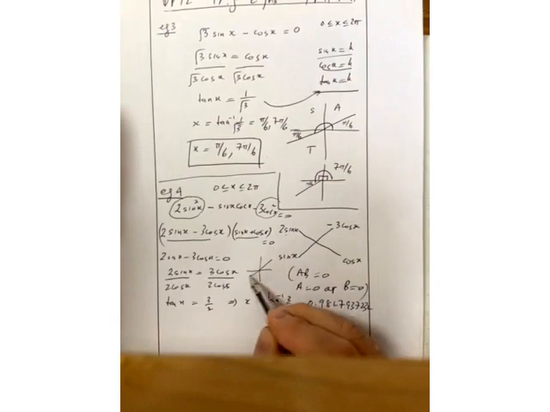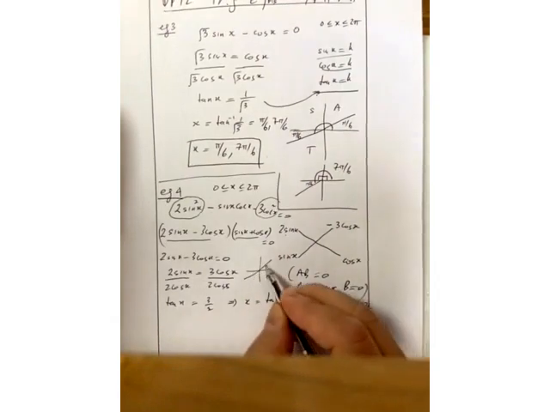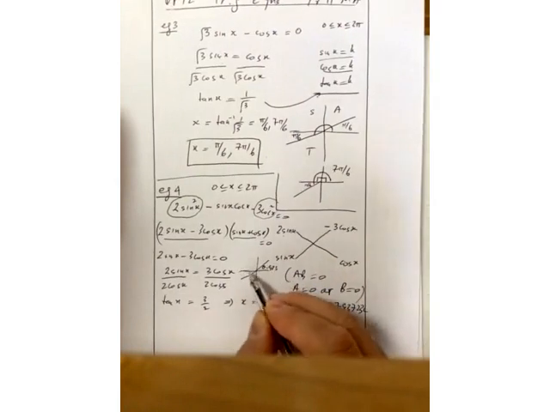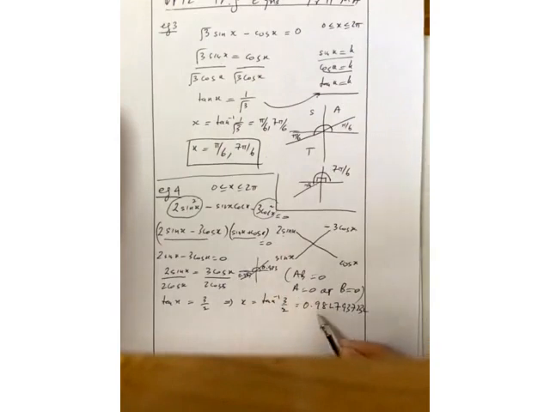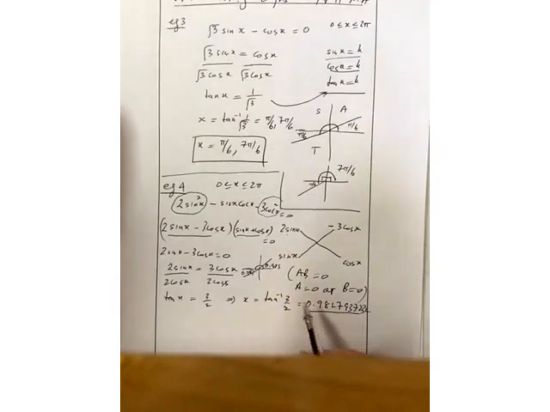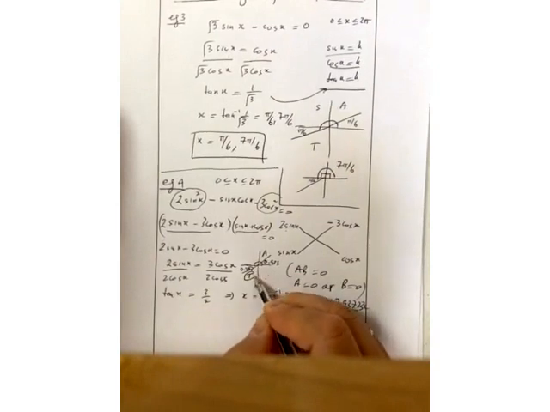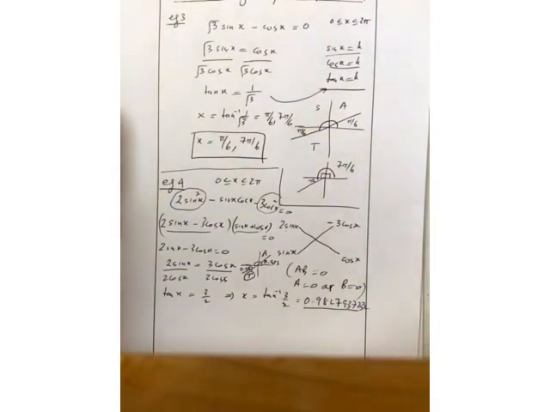There will also be another answer there. This is 0.983 roughly. This is also 0.983. So that means the other answer is that plus pi. This is in the tan quadrant.